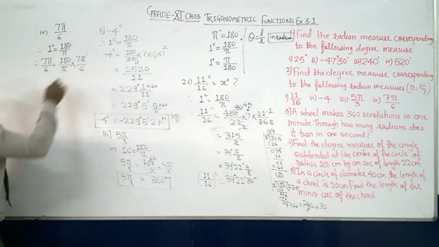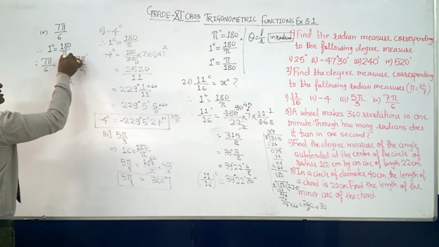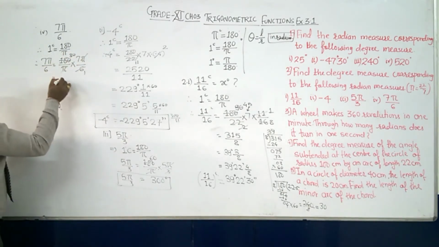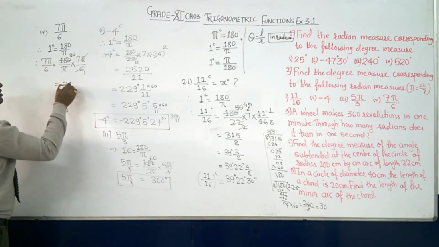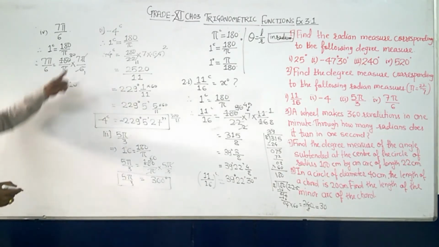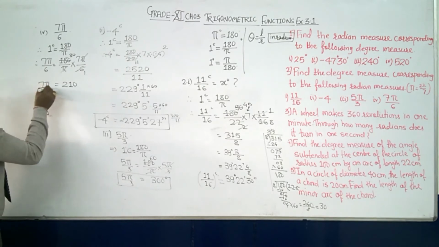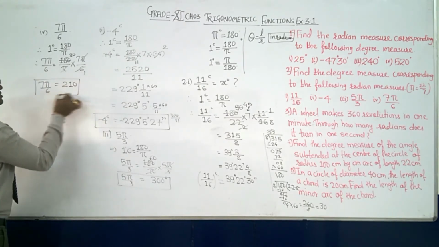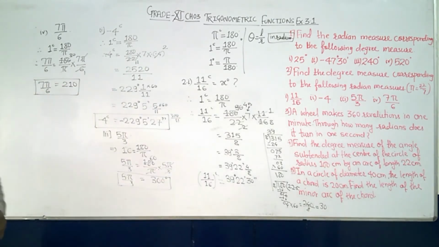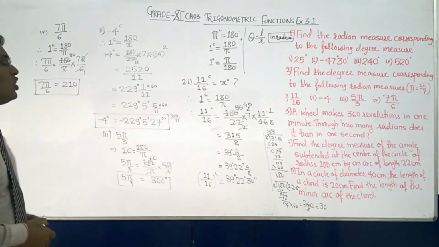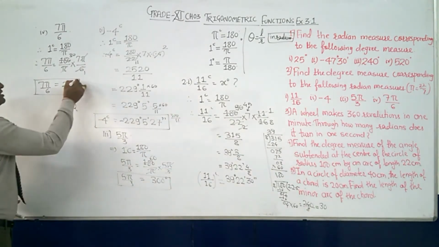Pi and pi cancel. Now 6 3s are 18, 30 divided by 6 is 5, 7 3s are 21, and 0, 210. So one more conversion: 7 pi upon 6 radians is equal to 210 degrees.